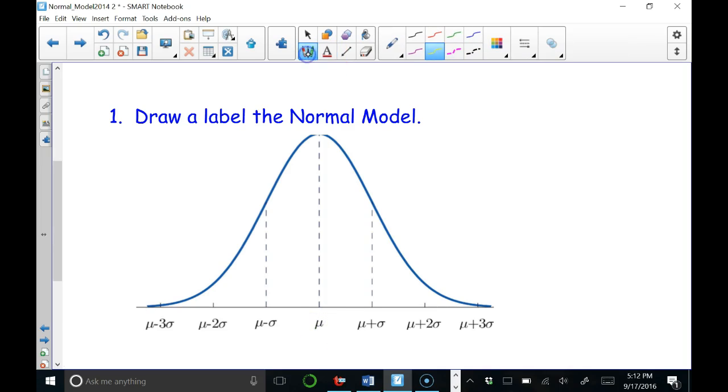And I hit the wrong thing, so let's go over there. 15. We don't want a yellow letter. That would be great. And so when they ask you on the homework to draw and label a normal model, we start off with the mean. And from that mean, we move 1 standard deviation to the right, 1 standard deviation to the left, and we know that this should encompass 68% of the data.